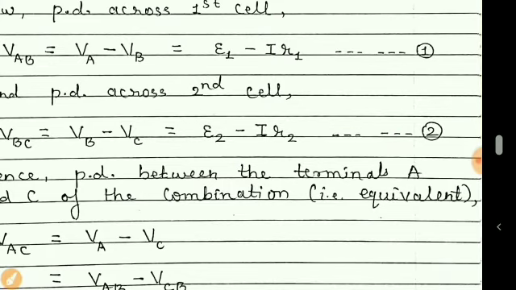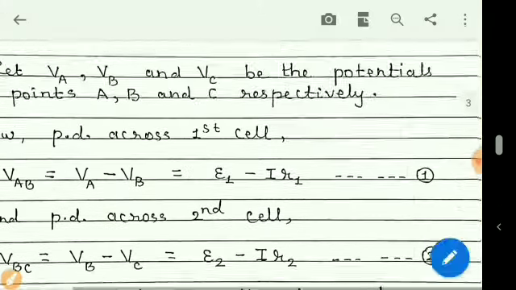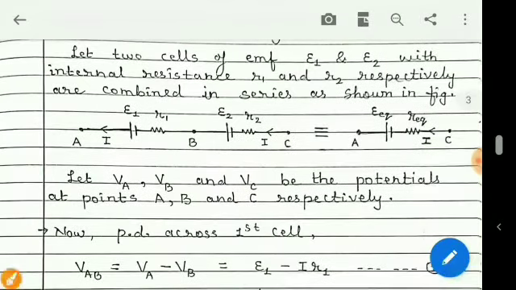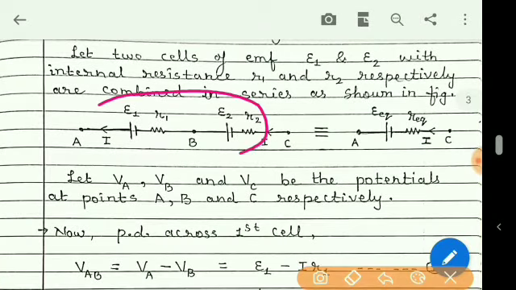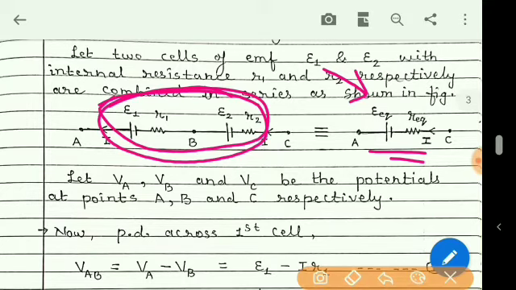Now if we consider these two cells which are combined in series as one cell only, and let that cell be the equivalent of these two, that is E equivalent, and the resistors are also combined with the cells. Let the equivalent resistance be Req.